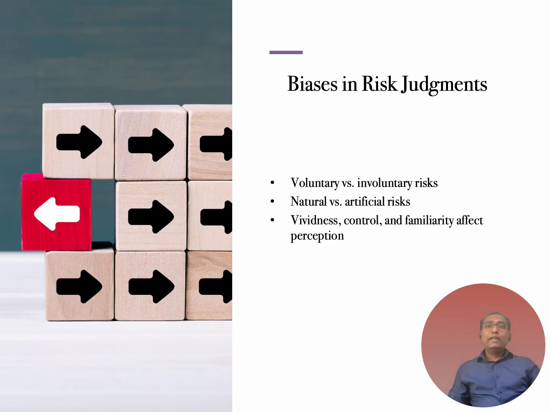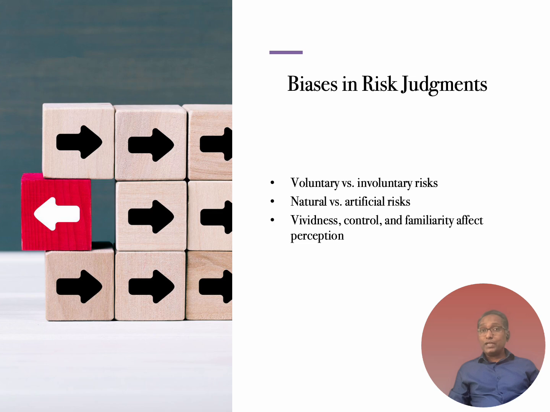So we looked at formal fallacies, but beyond formal fallacies, psychological factors can also skew our perception of risk. Let's look at a few examples. Voluntary versus involuntary: we accept voluntary risks like skiing, but we fear involuntary ones like air pollution.